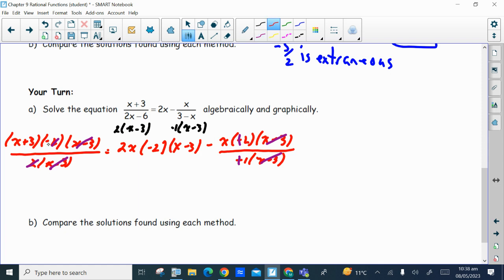So we're left with negative 1 times x plus 3. 2x times negative 2 would be negative 4x, times x is negative 4x squared. Negative 4x times negative 3 is positive 12x. And you're going to have negative x times 2, minus 2x.